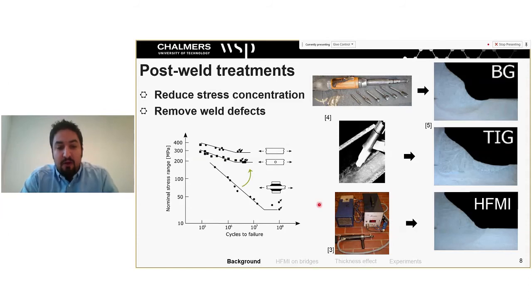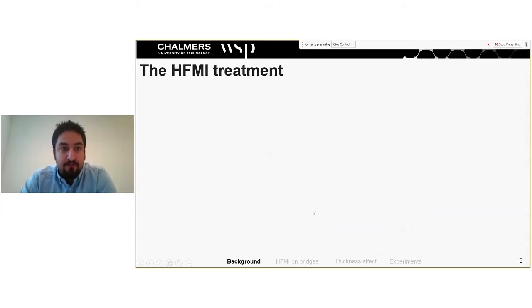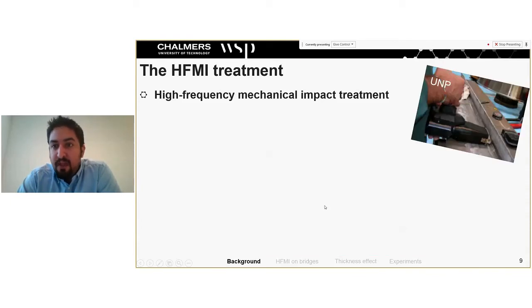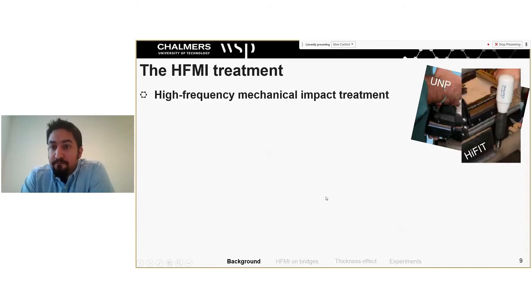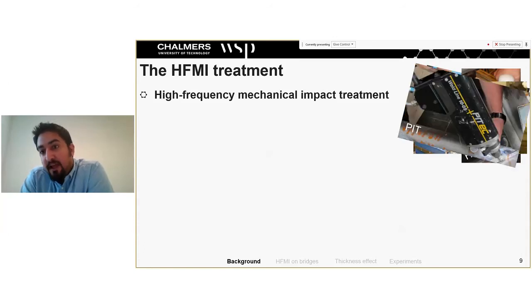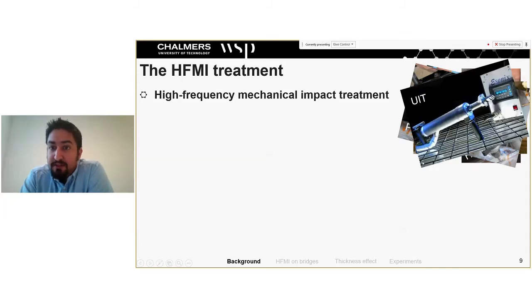But what I will come to is that this method, the high-frequency mechanical impact treatment, also introduces compressive residual stresses. And here we have different manufacturers of this technology, and the tools look a little bit different. All of them are handheld tools. And the research that has been done shows that they give similar results in terms of degree of improvement.